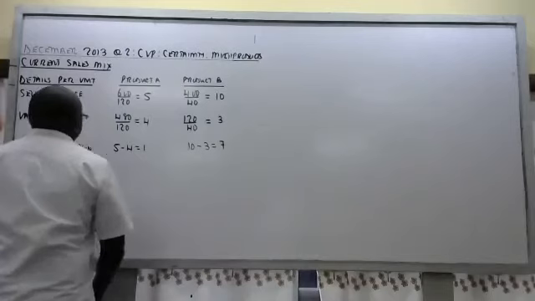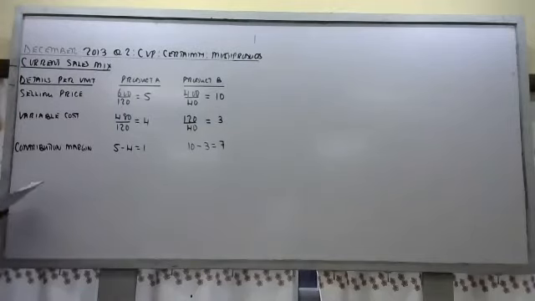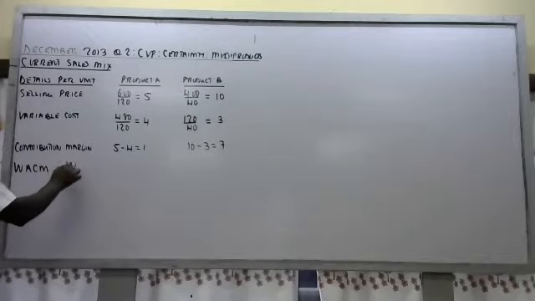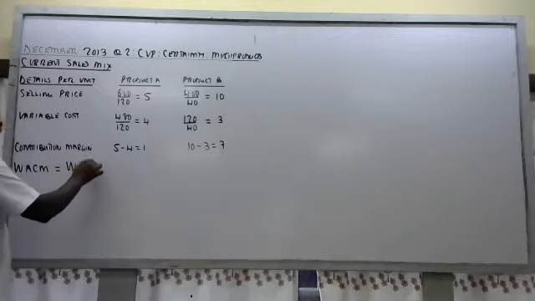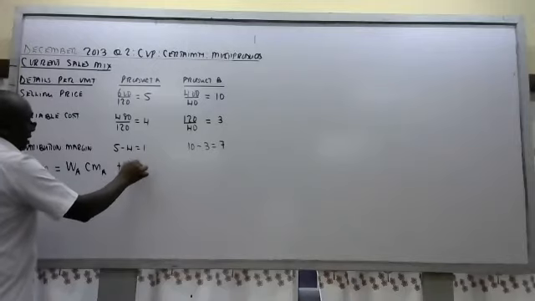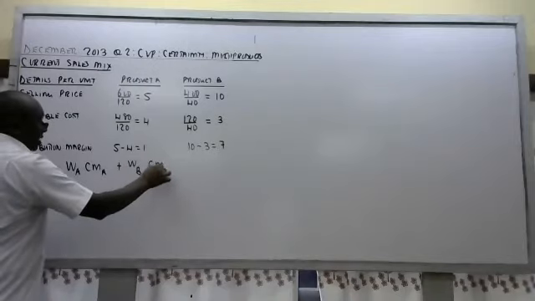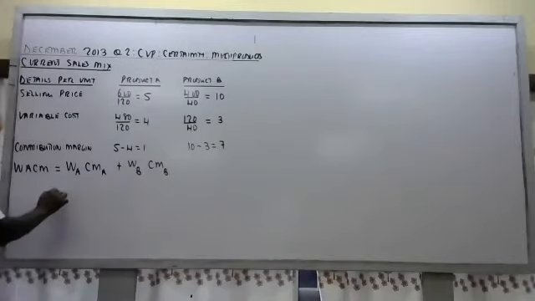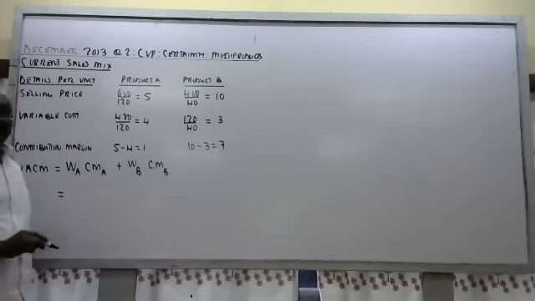The next thing is to get weighted average contribution margin. Weighted average contribution margin will be given as the weight of A, contribution margin of A, plus the weight of B, contribution margin of B. The weight is given in terms of units.